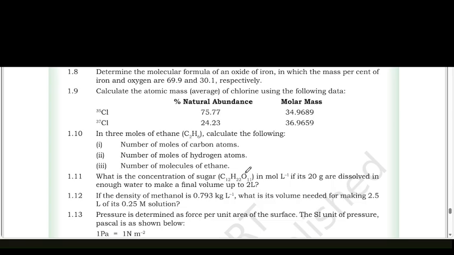And then the mass of copper will be 63.5. So 63.5 into 1 divided by 159.5 into 100. So you will get the amount of copper.